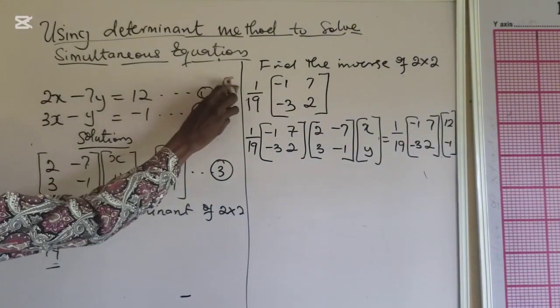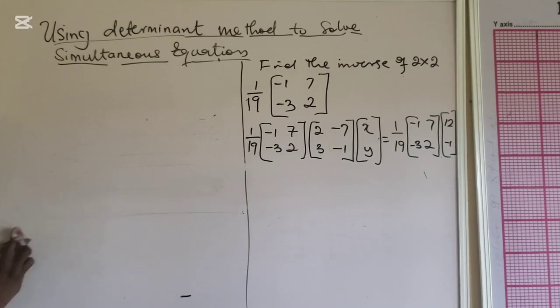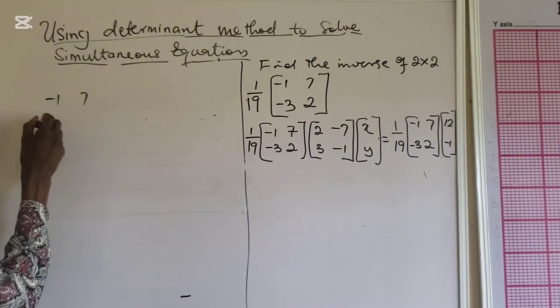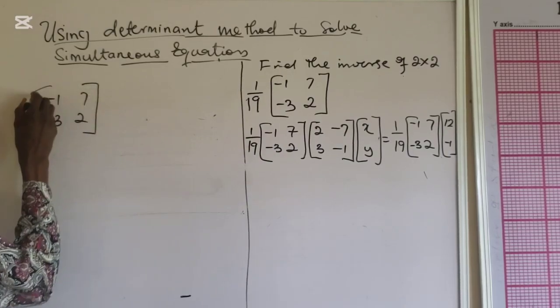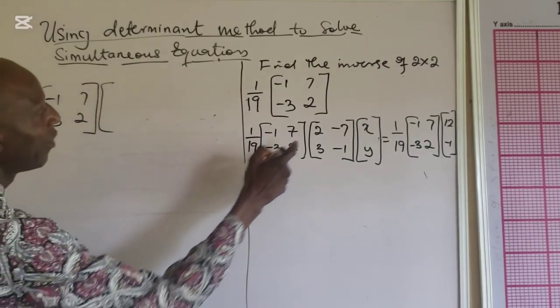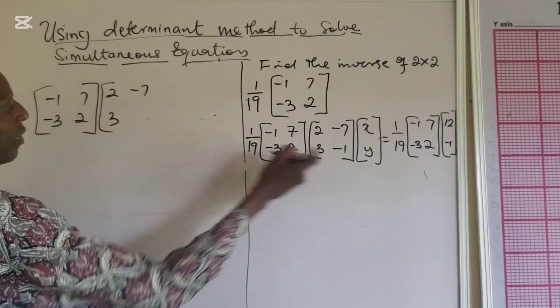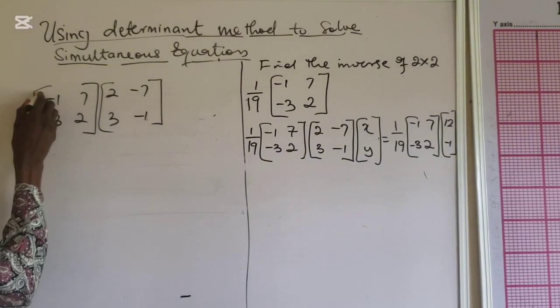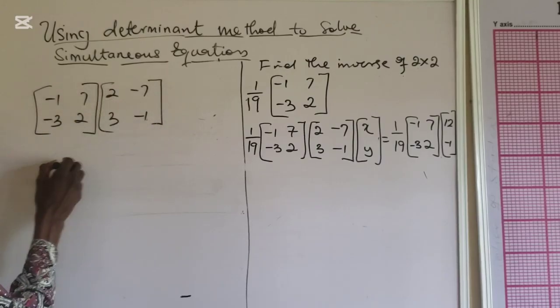Okay, now let me perform the multiplication of matrices. Here is minus 1, 7, then minus 3, 2, multiplying 2, minus 7, then 3, minus 1. We use this row to multiply this column, and the same row again to get the second answer.